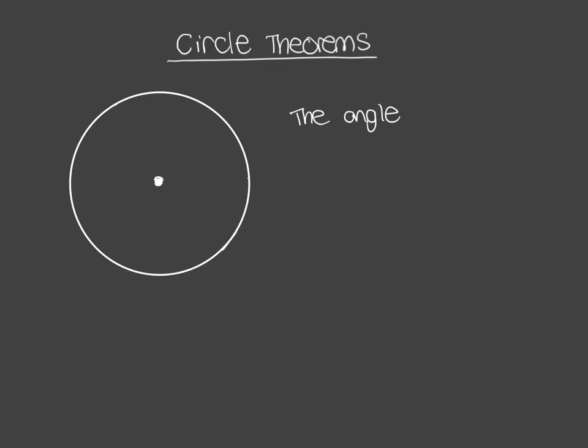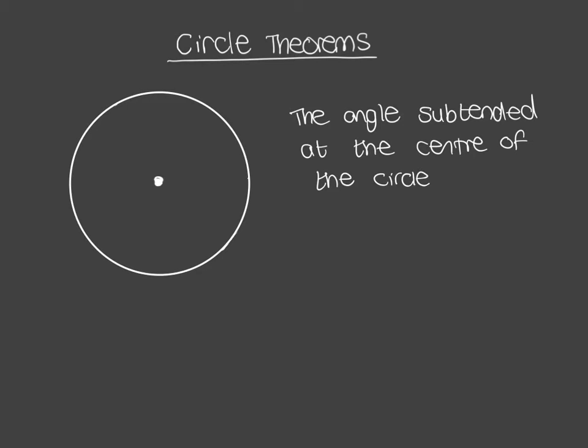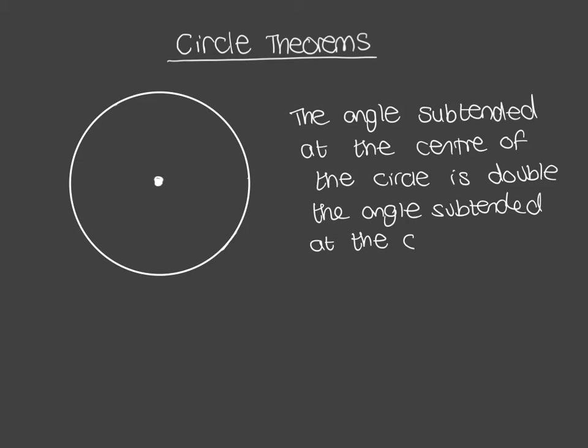The angle, we'll say subtended at the centre of the circle is double the angle subtended at the circumference by the same arc.